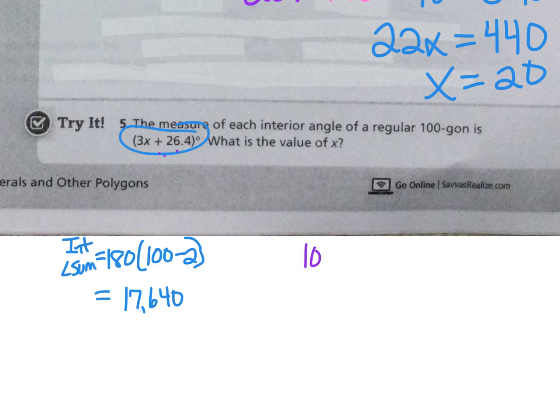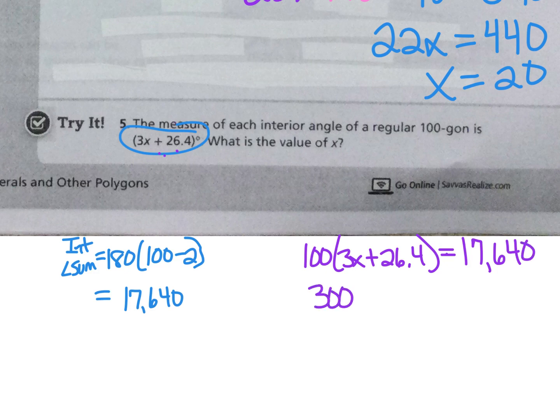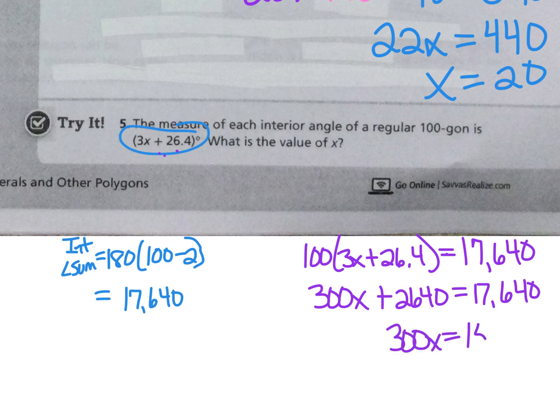So I have 100 times 3x plus 26.4, and all that has to equal 17,640. So I do my distributive property, plus 2,640 equals 17,640. Subtract 2,640 from both sides, and I get 300x equals 15,000. That makes a nice number. So x equals 50.